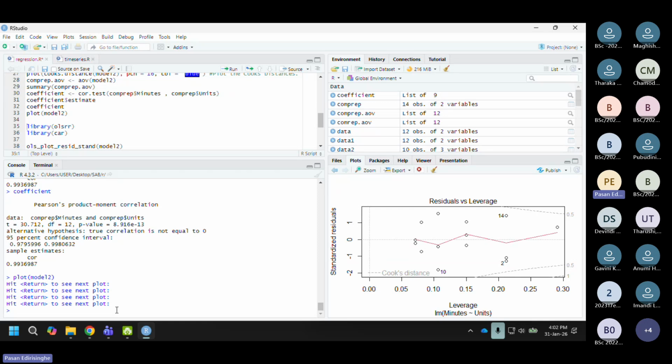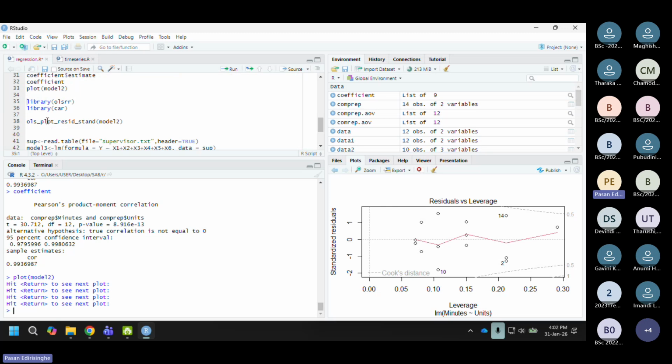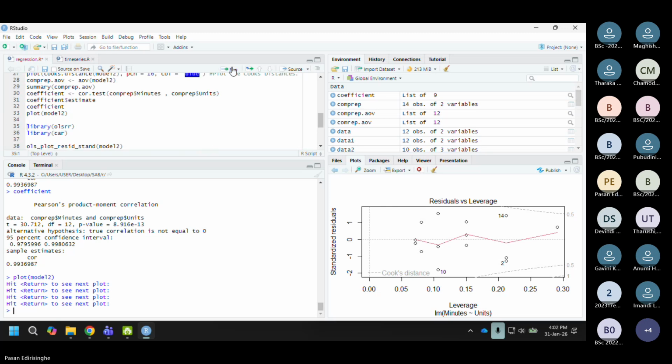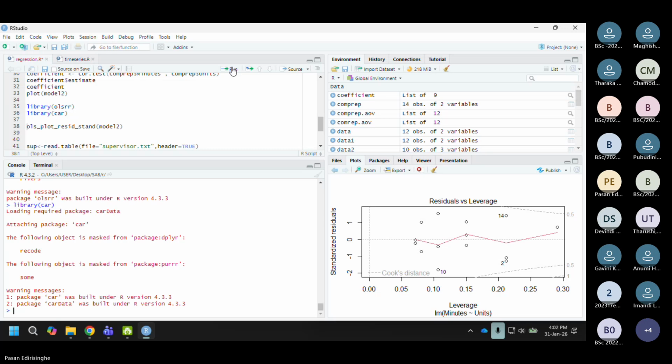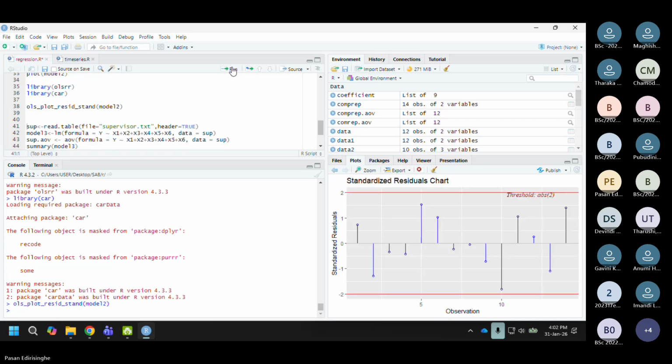And this is the plot of the standardized residuals. You can notice that with the standardized residuals, all are between -2 and +2, so it's indicating they're okay. I'm using these two libraries to run this here. And these are the standardized residuals. So clearly you can see that they are between -2 and +2.